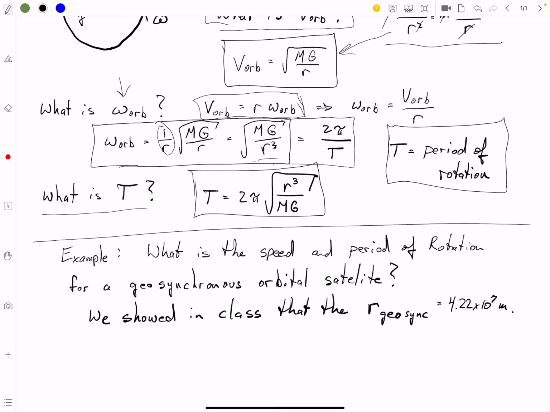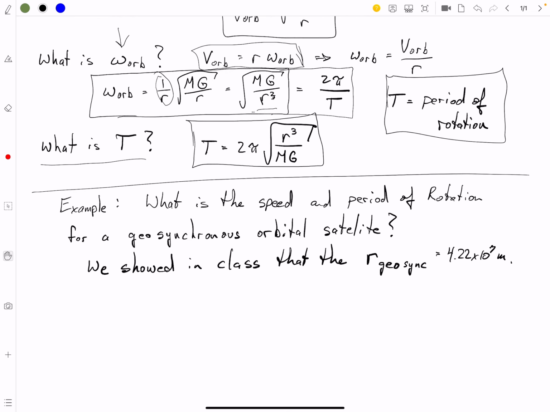And so 1 over omega is r cubed on top, the mass of the gravitational well and your universal gravitational constant G on the bottom. Take the square root of that, and you've got your period, okay? So let's do an example.